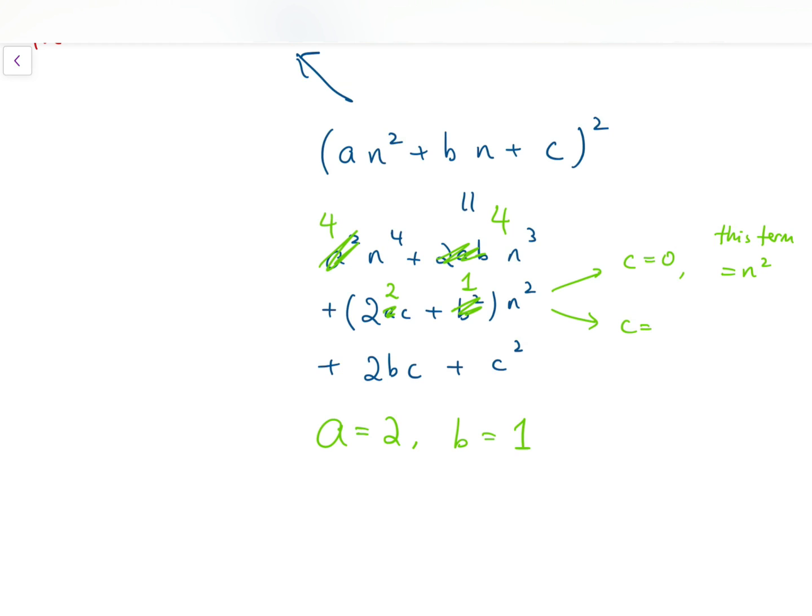Or if c equals 1, then this term is equal to 5n squared. Or if we go further, c equals 2, then this term equals 9n squared.